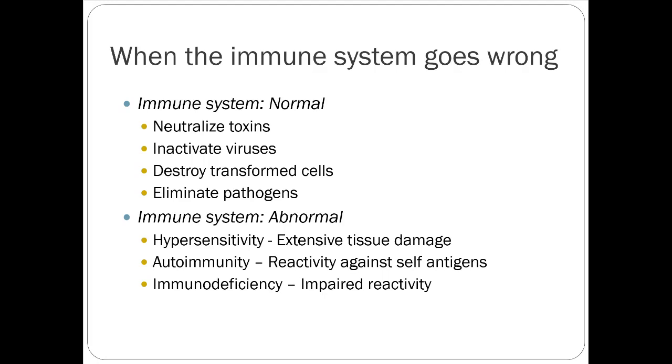There's a number of autoimmune diseases we'll cover over the year, and that's a reactivity against self-specific antigens, usually in specific areas of the body, like Crohn's disease and rheumatoid arthritis. Immunodeficiency is impaired reactivity. So if somebody's immune deficient, what can we do for those types of people?